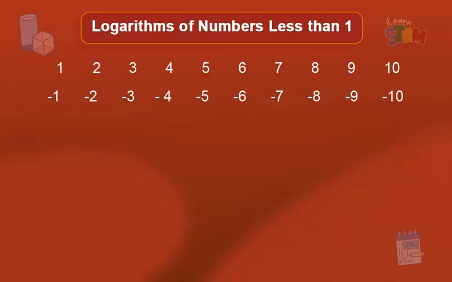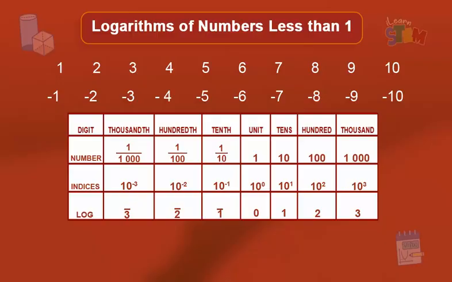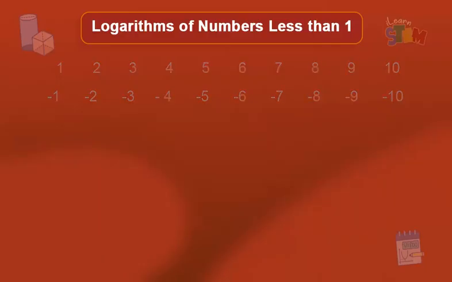Now, let's study the place value table of the numbers below. From the above, the place value of numbers greater than 1 are 10, 100, 1000, etc.